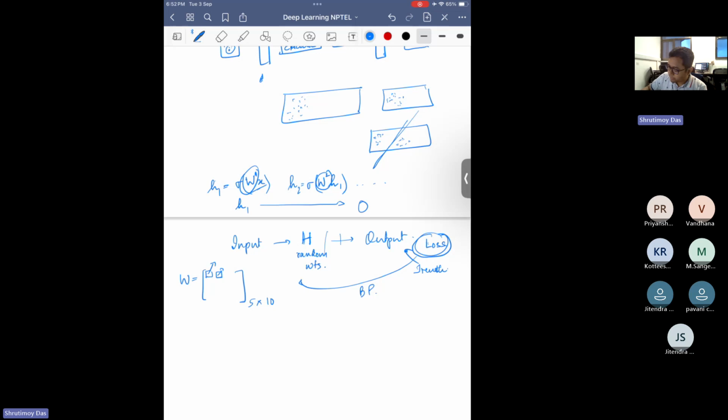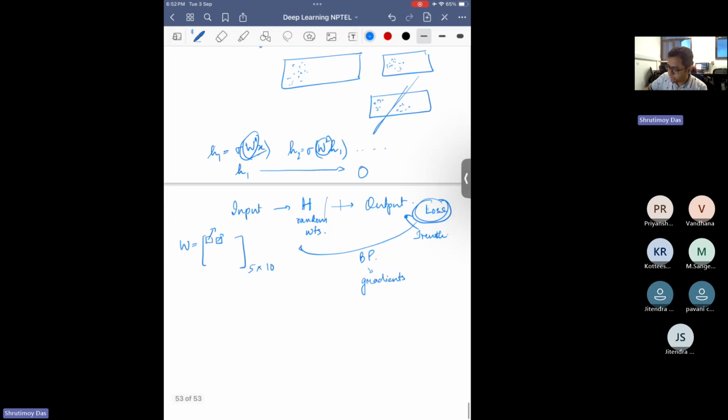This back propagation gives us the gradients. Using these gradients, we can update. We know the update rule of gradient descent: w at t+1 equals w at t minus eta times gradient at t. This is how the weights are updated.